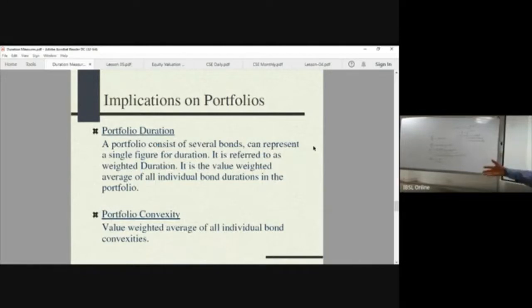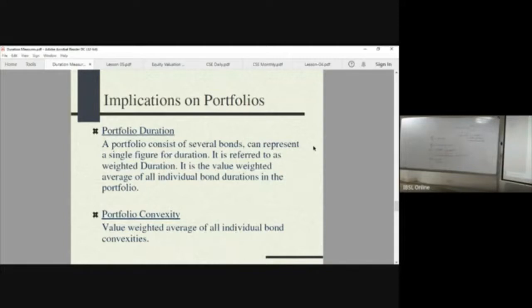Even if you take a loan portfolio, there you have several loans. In your bank, you have a housing loan portfolio. There can be thousands of loans there. And sometimes you have an SME loan portfolio. There too you may have thousands of loans. Likewise, if you take a bond portfolio, there you have several, sometimes even thousands of bonds.